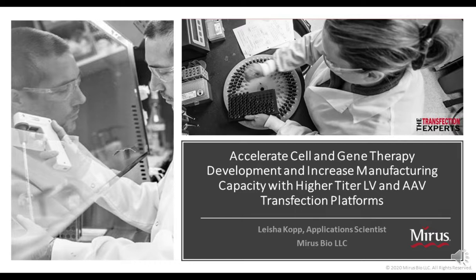And the next question is, what transfection complex formation time do you require in your large-scale LV or AAV manufacturing process? No time limitations, more than 15 minutes, more than 30 minutes, 30 to 60 minutes, or more than 60 minutes. And finally, at what phase in your cell or gene therapy pipeline do you require GMP-grade transfection reagent? Select one.